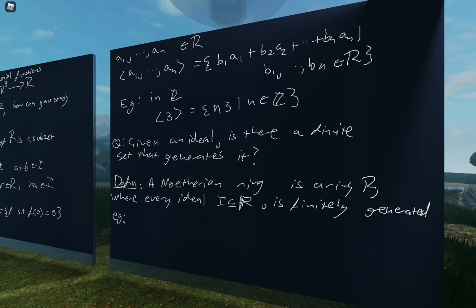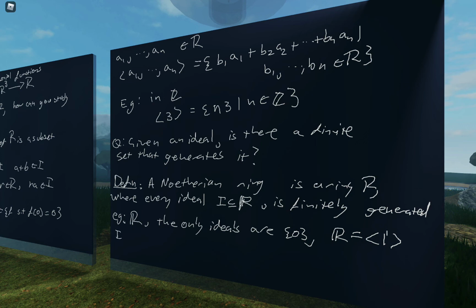So Noetherian rings are pretty important, and knowing that a ring is Noetherian tells you a lot about it. An important example is just the real numbers, and that's because the only ideals of the real numbers are just the zero set and all of R itself, which can be written as the ideal generated by 1. And why is that?